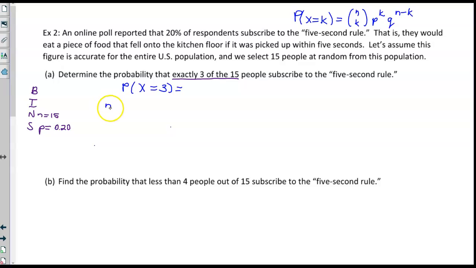So let's write down the parameters on the slide. We know n in this case is 15, that's the sample size. We want to see exactly 3 who responded yes. The probability that an individual person responded yes is 20%, and the probability they responded no is 1 minus 0.2, or 0.8.